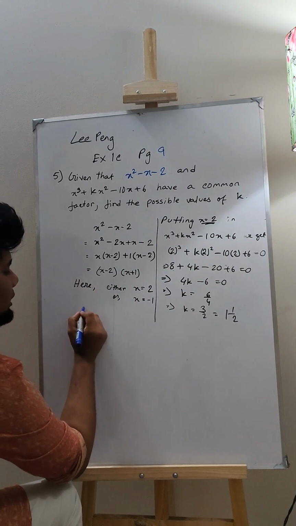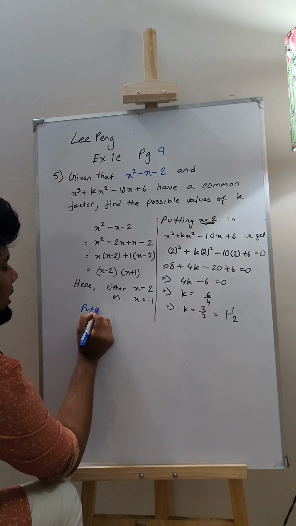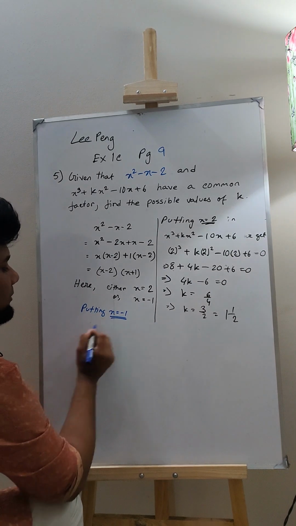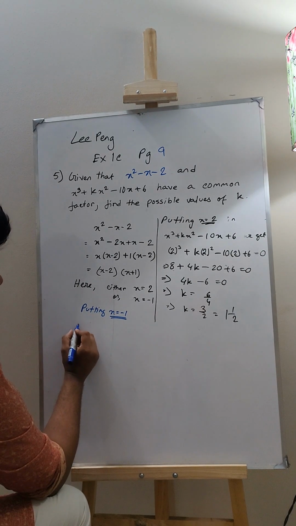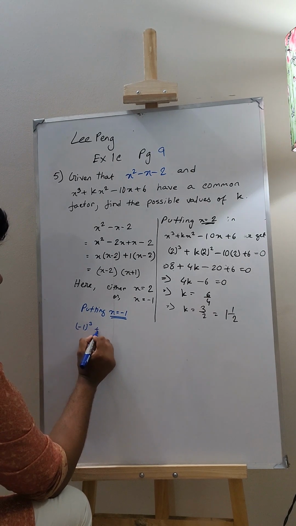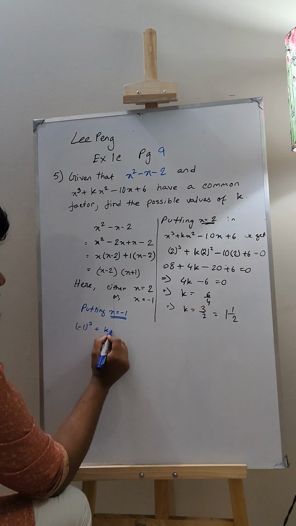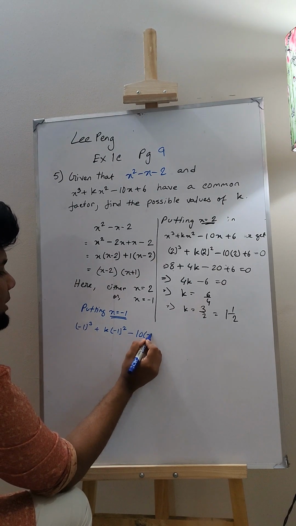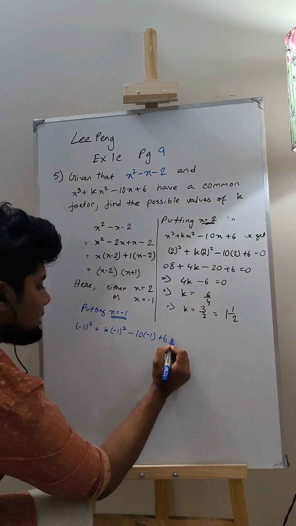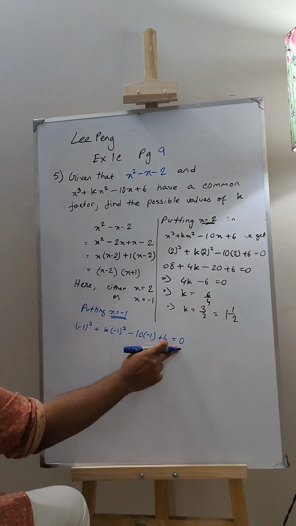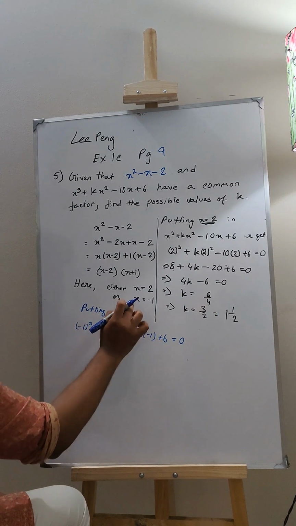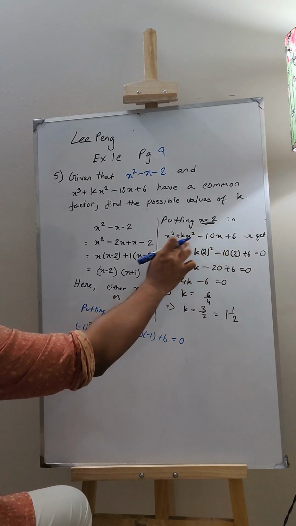Now let me do the other part, putting x equal to minus 1. So x equal to minus 1, we get minus 1 cubed plus k into minus 1 squared minus 10 into minus 1 plus 6 equals 0. Again I have to put it equal to 0 because I am considering this as a factor of this expression.